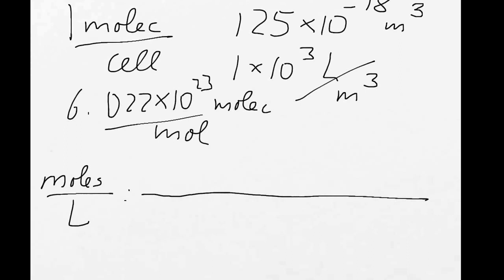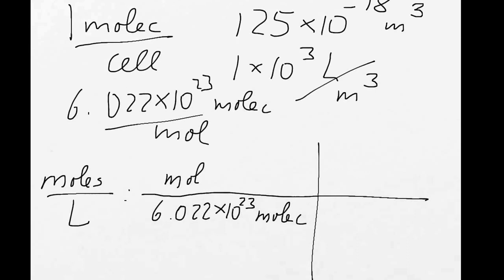Do we have anywhere the unit mole? We've got it here, right? But mole is down. Oh, it doesn't matter. We just turn it upside down. So we have mole over 6.022 times 10 to the 23 molecules.